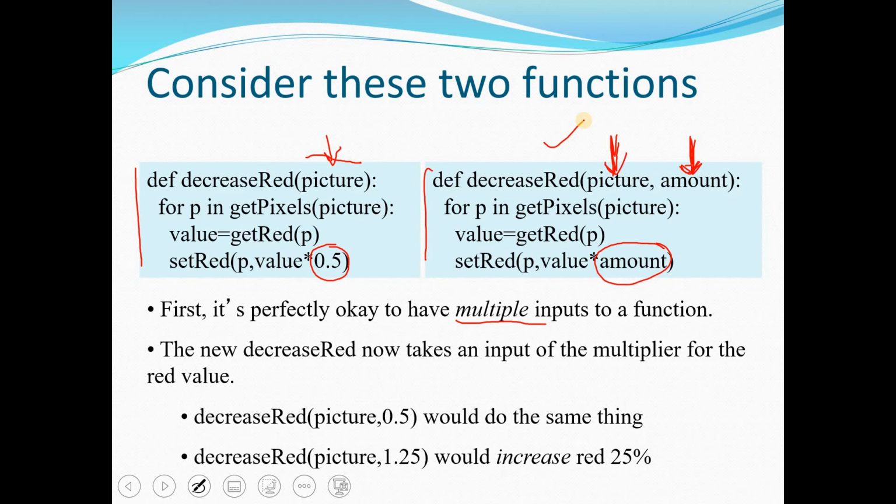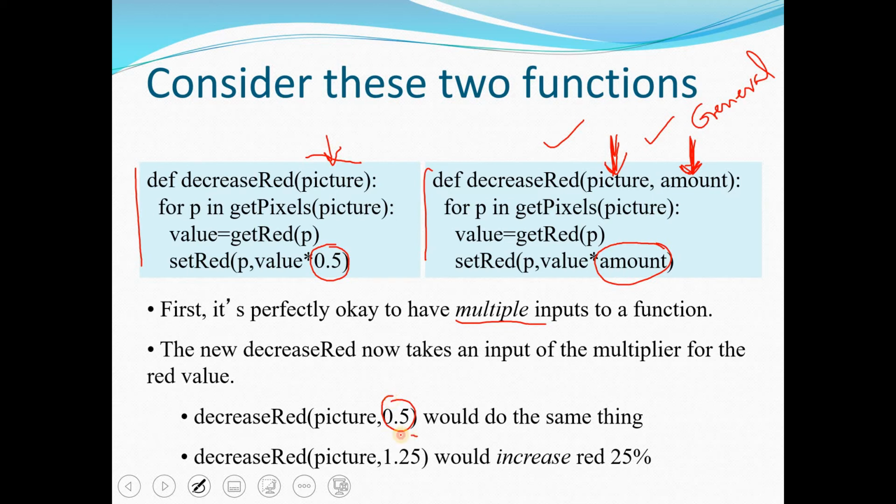So the better function is this one because it is more general. Because here you can give the value of how much you want to decrease the picture color, the red color in the picture. Okay, so even you can give some value like this, decrease by 50%.